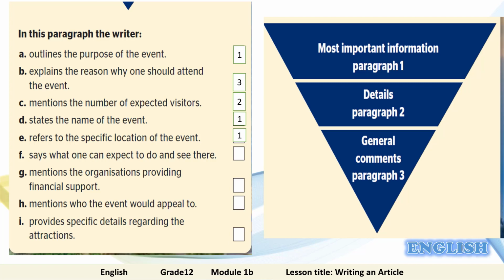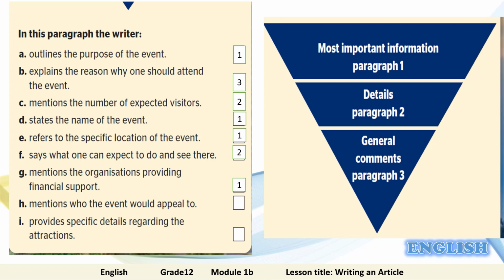This is what we can call details. Paragraph 2, definitely correct. Mentions the organizations providing financial support. Where can that go? Yes, it's one of the most important pieces of information that should be included in paragraph 1.